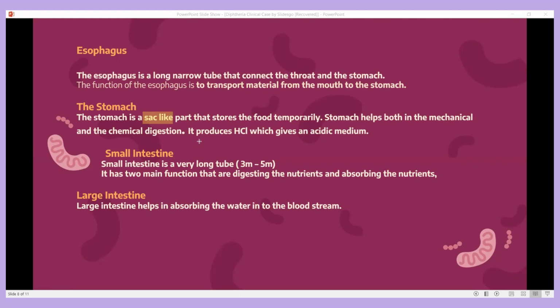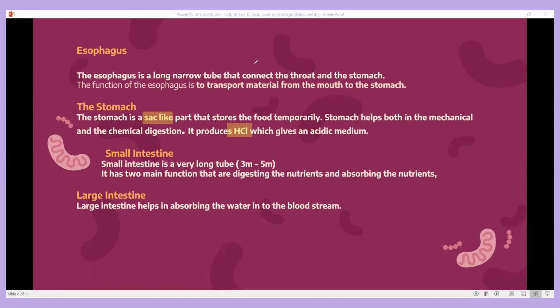And also it produces hydrochloric acid, which provides an acidic medium to the food. So by having this acidic medium, if the food we are taking in is coming as a base product to the stomach, it will be neutralized by producing HCl in the stomach.